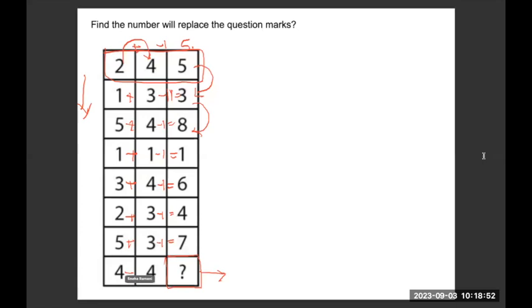So 4 plus 4, 8, minus 1 will be 7, which is the correct answer.